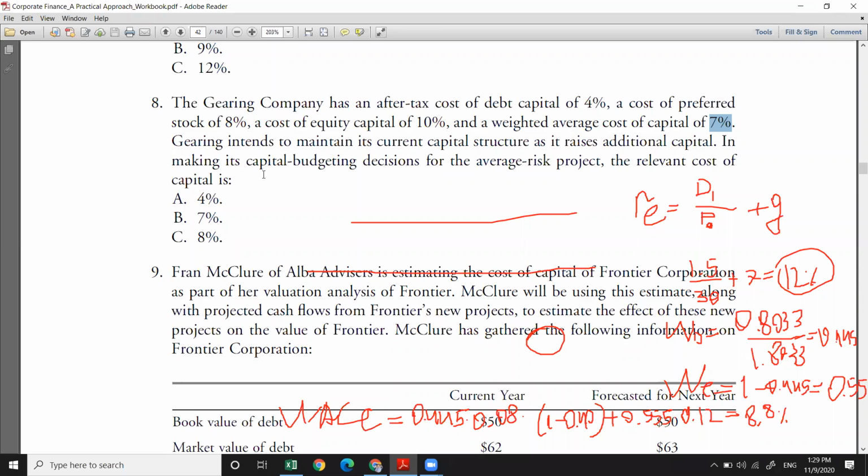In making its capital budgeting decision for an average risk project, the relevant cost of capital is the weighted average cost of capital using the weights derived from the current capital structure. It is the best estimate of the cost of capital, as the average risk of the project is that of the company itself, which is 7%. So there is no need for any calculation.